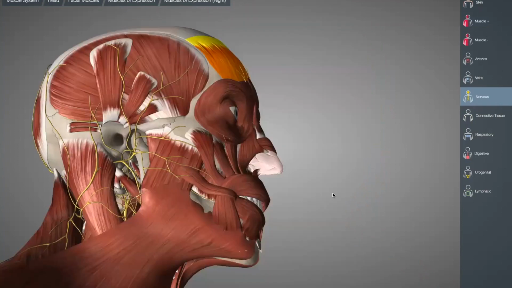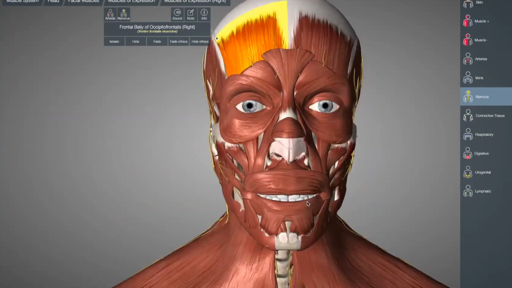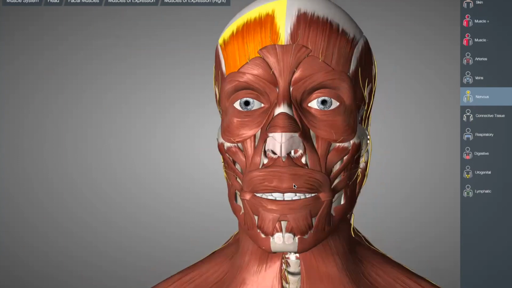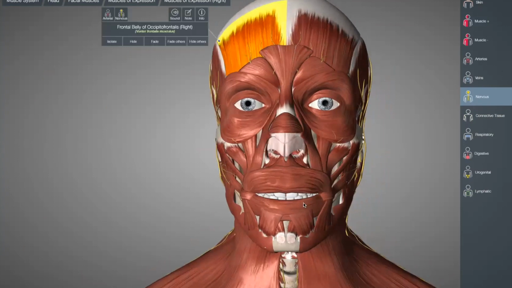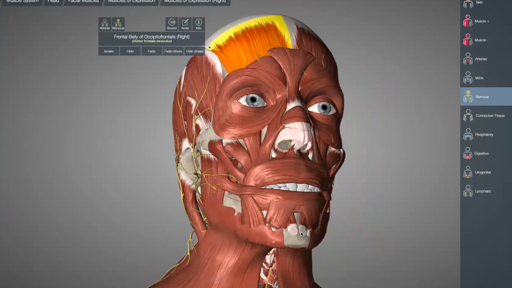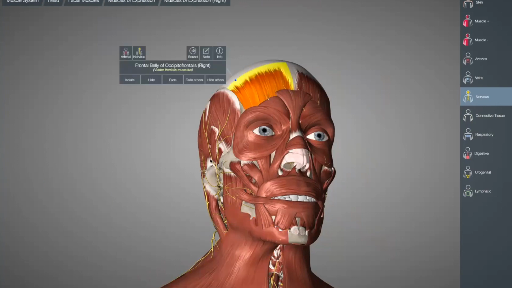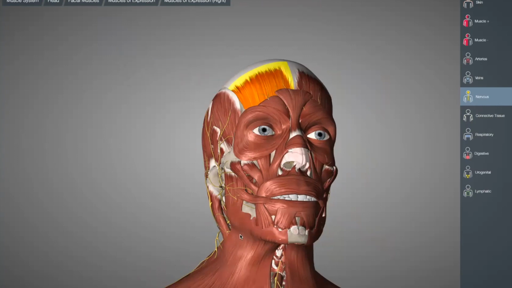There are so many muscles here. This allows you to eat, talk, smile, spit, whistle. I don't know. Then after it is the platysma. Okay, occipitofrontalis, auricularis, orbital group, nasal group, oral group, platysma.